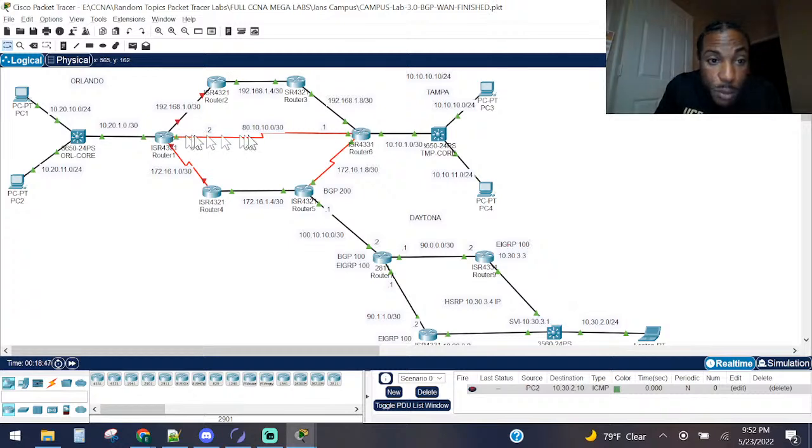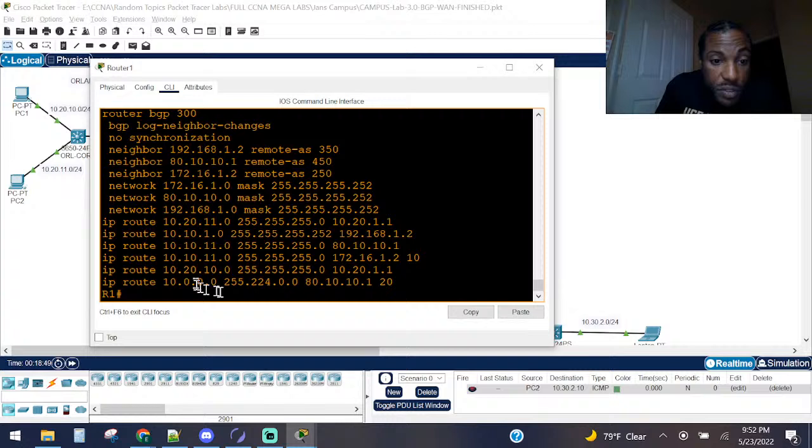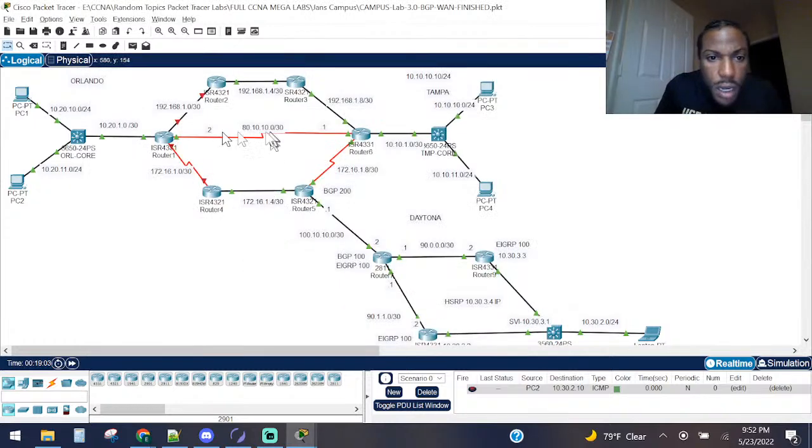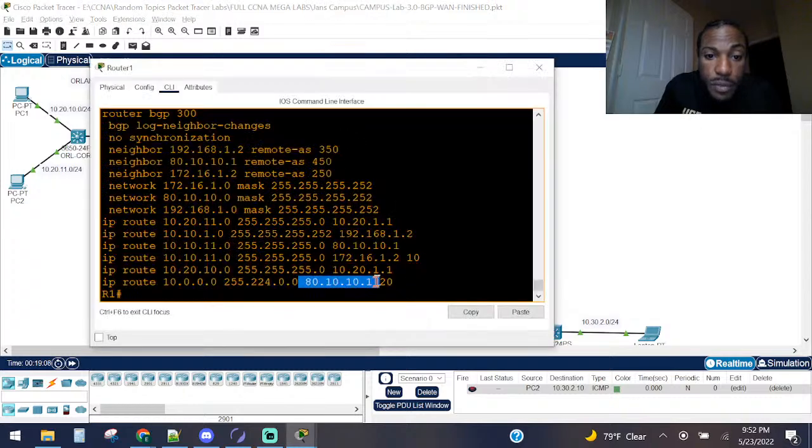So he does have that summary route to take us to any 10 network, with the next hop of 80.10.10. Shouldn't that be .2? No, it's .1. So that's the next hop right there, .1. That's correct.